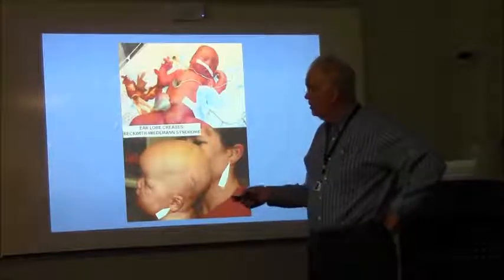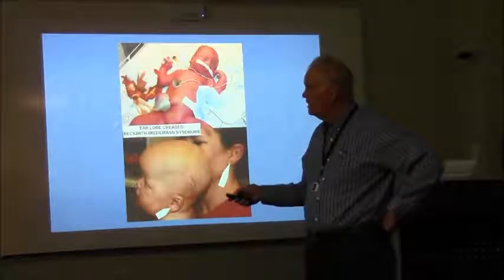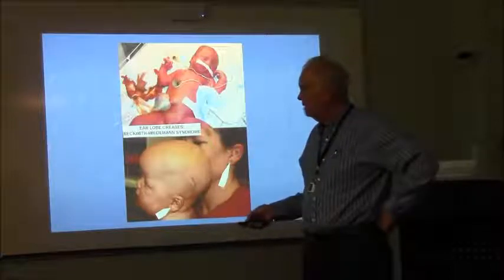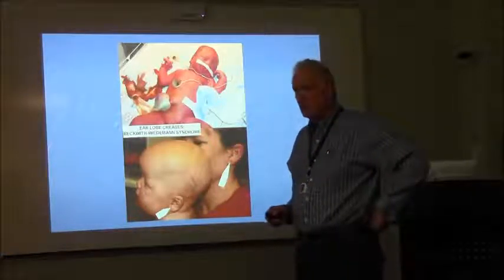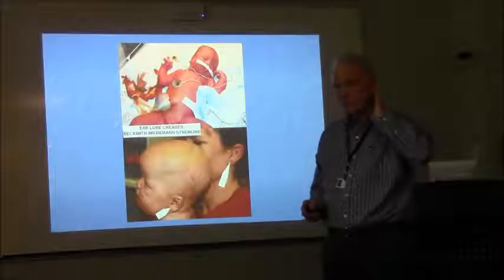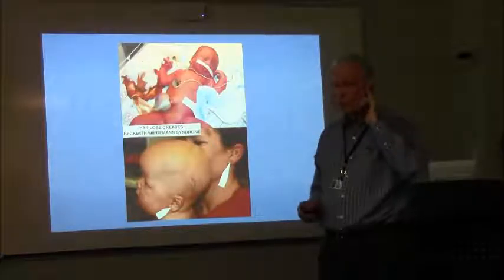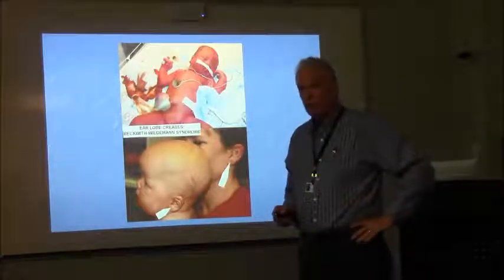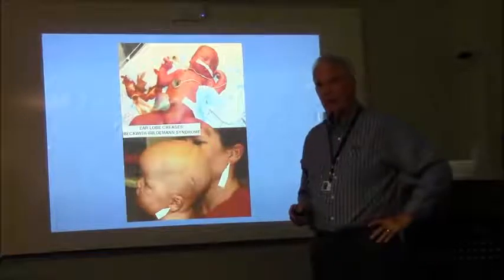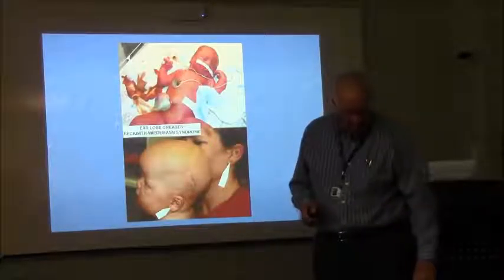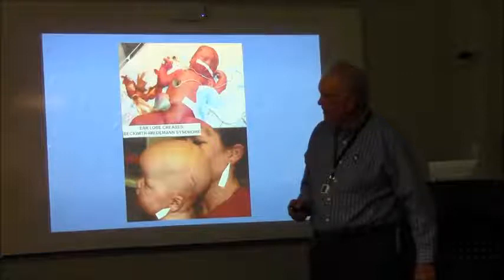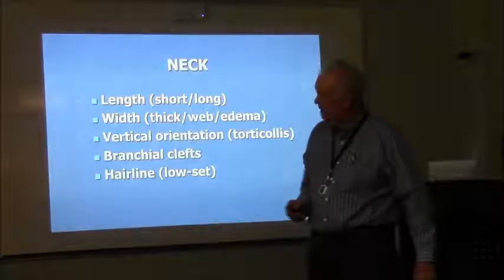And her child, who is this child here, where you see the omphalocele and the large tongue, had the creases as well. Sometimes these individuals will have pits on the back part of the ear. So we always look at the back part of the ear. Unfortunately, normal people can have pits on the back of the ear, so you have to be a little bit critical of that feature until you find other supportive data.